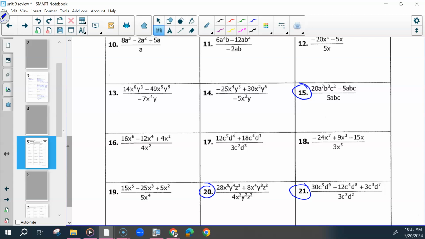There are two different ways to do this, either by separating or by factoring out the GCF. You can choose which one, but we'll do one of each and then we'll choose the last one. So for the first one, let's separate each term over the denominator.